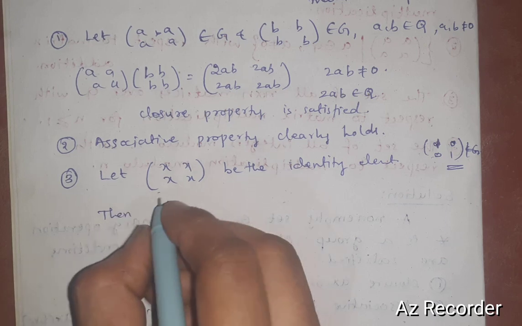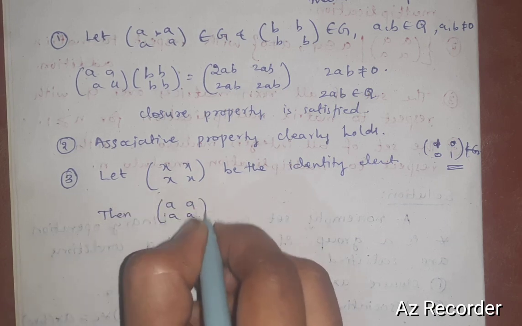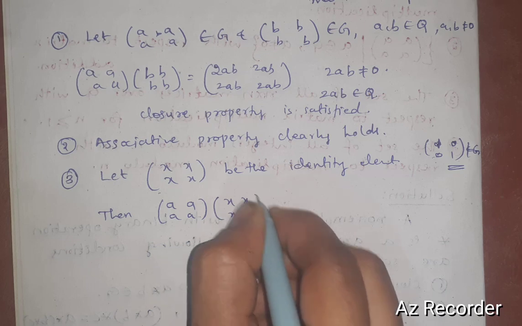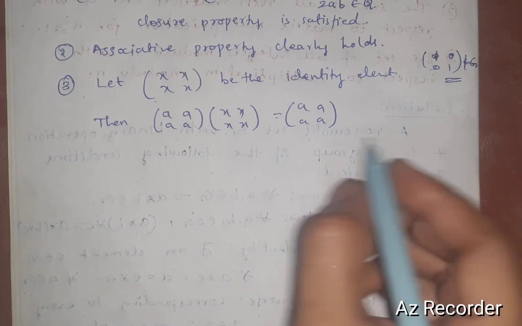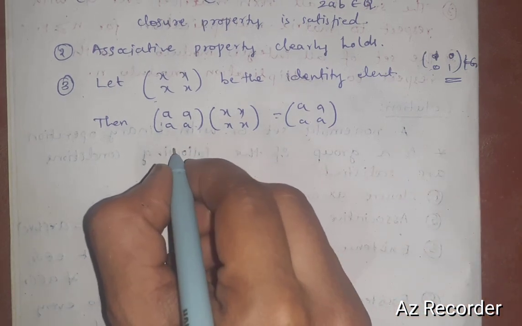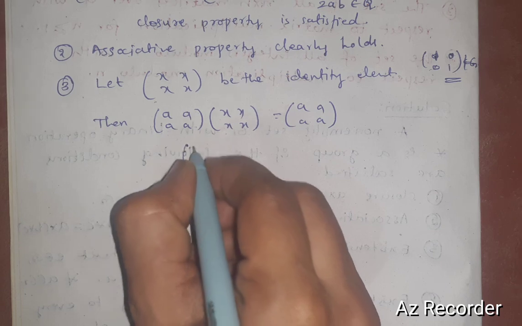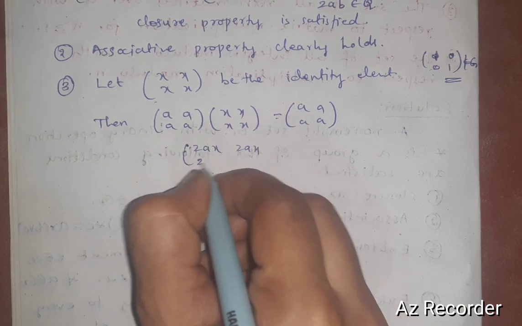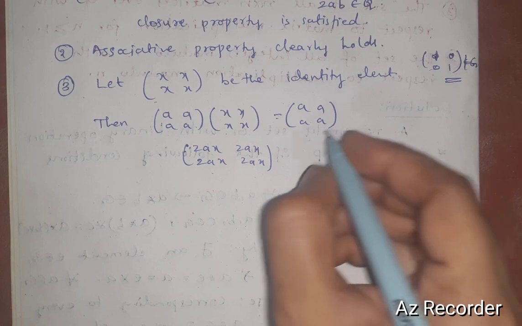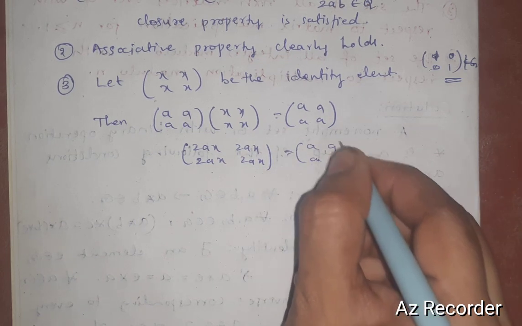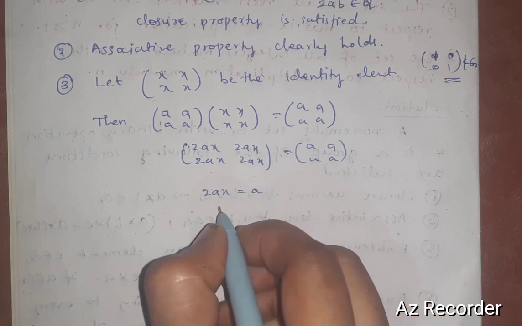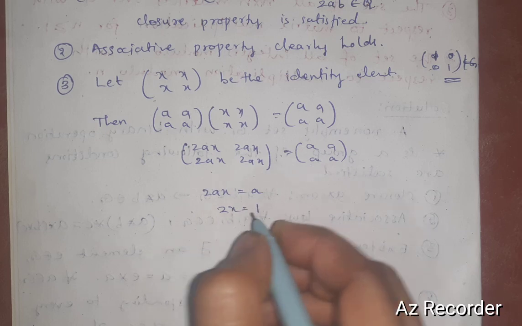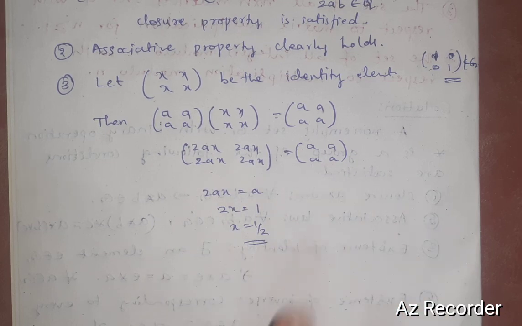Then A times X, we should get A, the same element. So after multiplication you will get 2ax in every entry, and 2ax is equal to a. So equating, we get 2ax equal to a, or 2x is equal to 1, x is equal to 1 by 2.